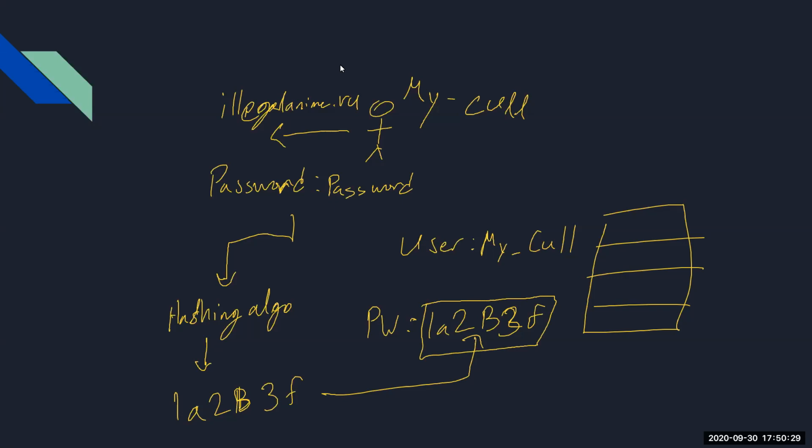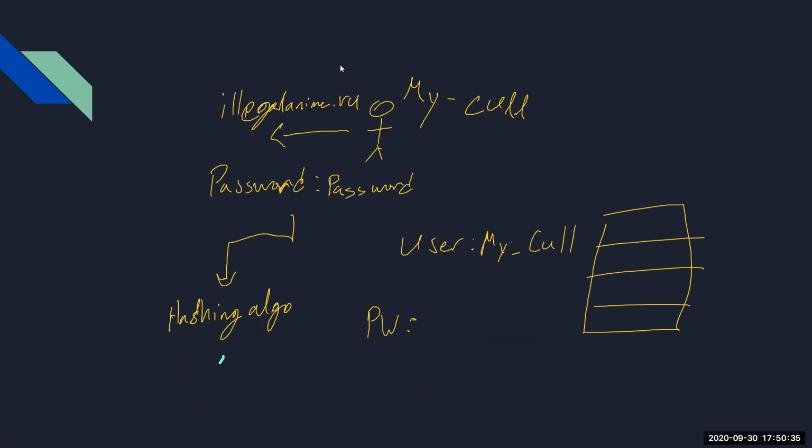Now, what salting does is we go one step further on that. So prior to the hashing algorithm, we take the password and then we add some sort of salt, some sort of word or phrase, in front of or behind the password.